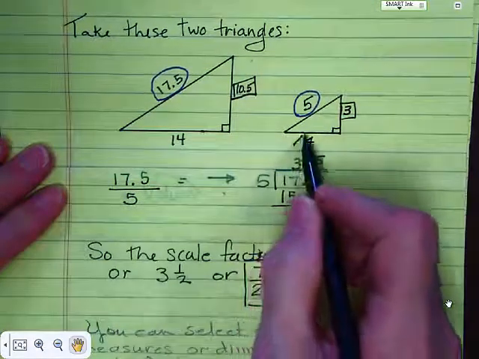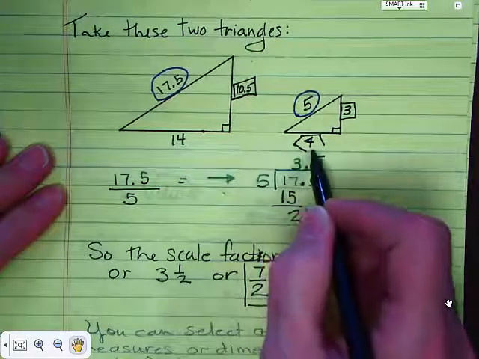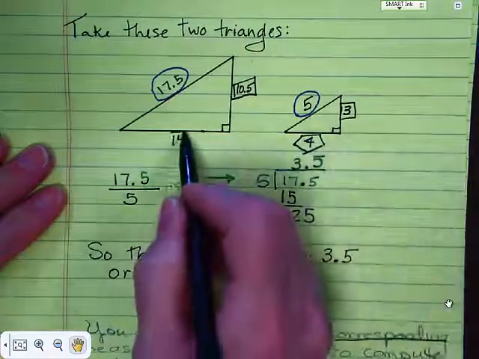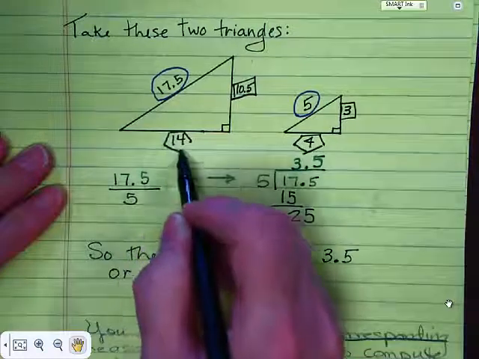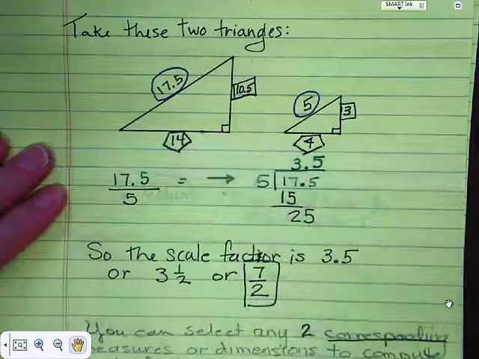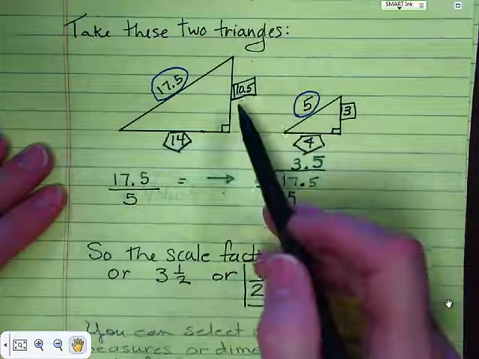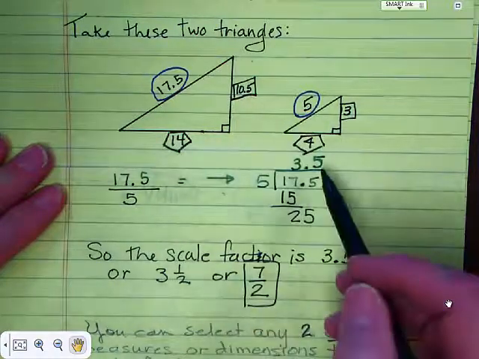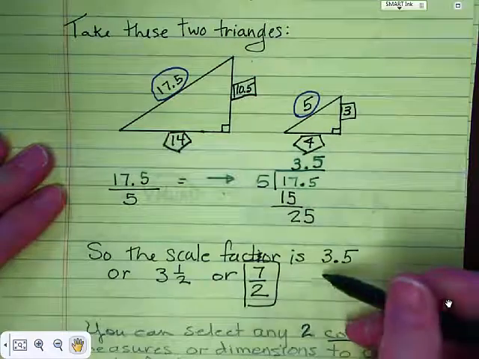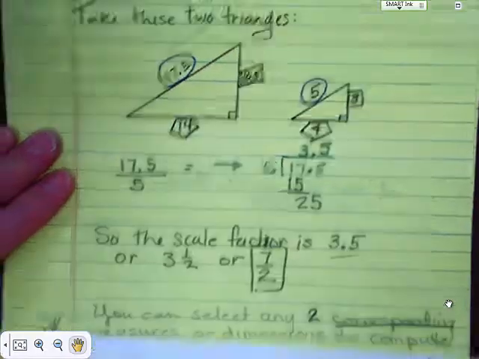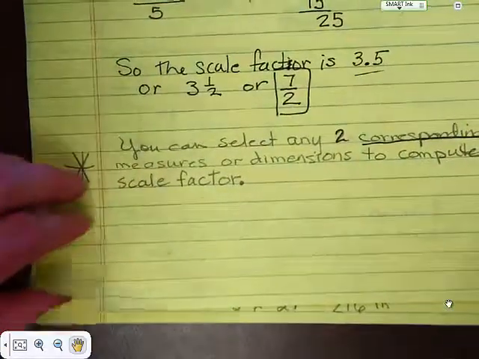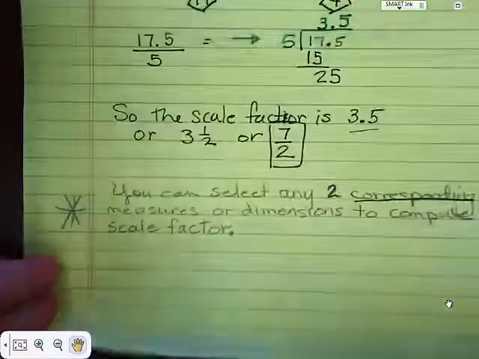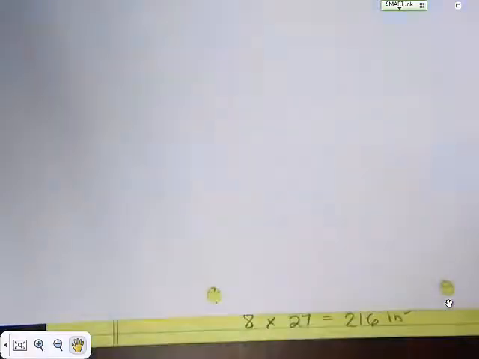I'll put a pentagon around these two sides. Those are corresponding. So you could take 10.5 to 3, and you could take 14 to 4. And all of those would give you the scale factor of 3.5. So that's kind of interesting, and it really does work.